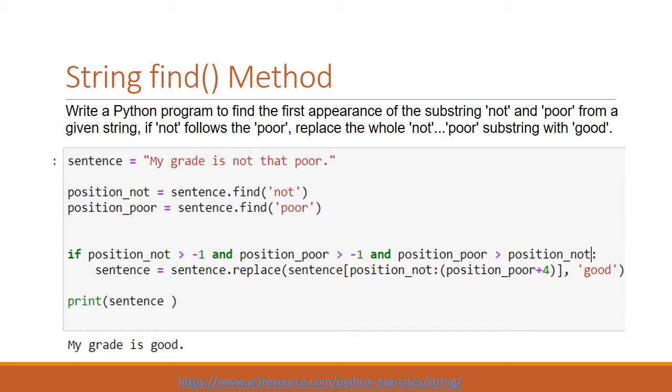To do that, we use the replace method. And we replace the string starting at position not and including everything from the starting position of poor plus 4, because there's 4 characters in poor. So we're going to replace that entire string with the string good. And then we're going to print that sentence.